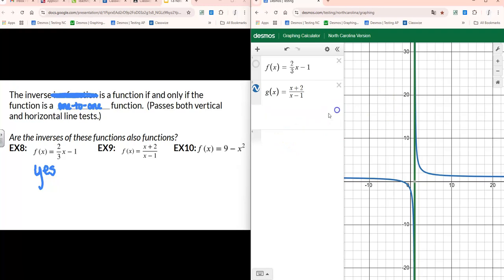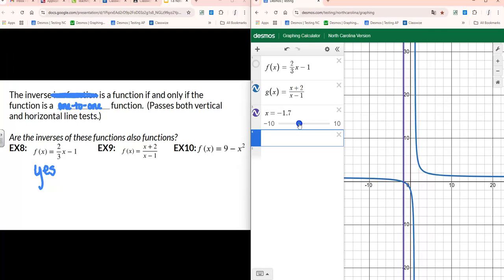Actually, I don't even know if I had to type that in. Let me try that again. See, x equals 1. It'll automatically do it if you hit enter. This puts a vertical line at 1. You don't have to put 1. It could be any number: x equals 1, x equals 0, x equals 10, whatever. But it'll let us drag that vertical line back and forth if we do that.